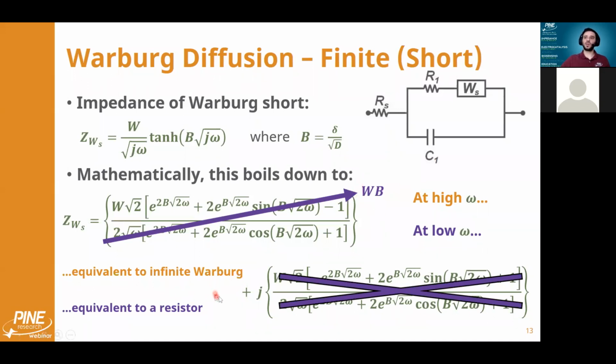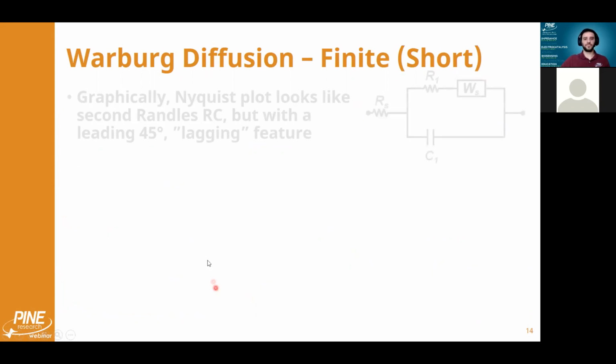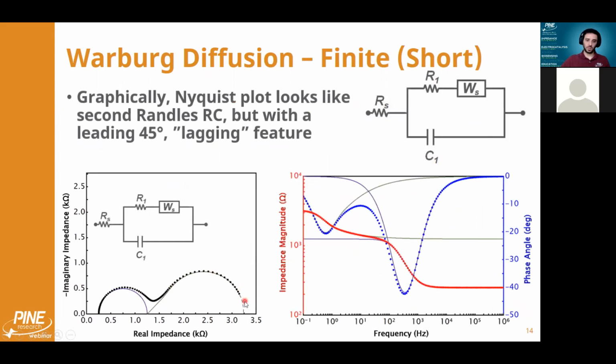So essentially, another way to think about this Warburg short is that it's like a fluid circuit element that is something between an infinite Warburg and a resistor. And so graphically, this is what it looks like here. It kind of looks like its own Randall's element. This whole semicircle is the Warburg short manifesting. So we have our ohmic or uncompensated resistance, and our first semicircle, which is our charge transfer resistance.